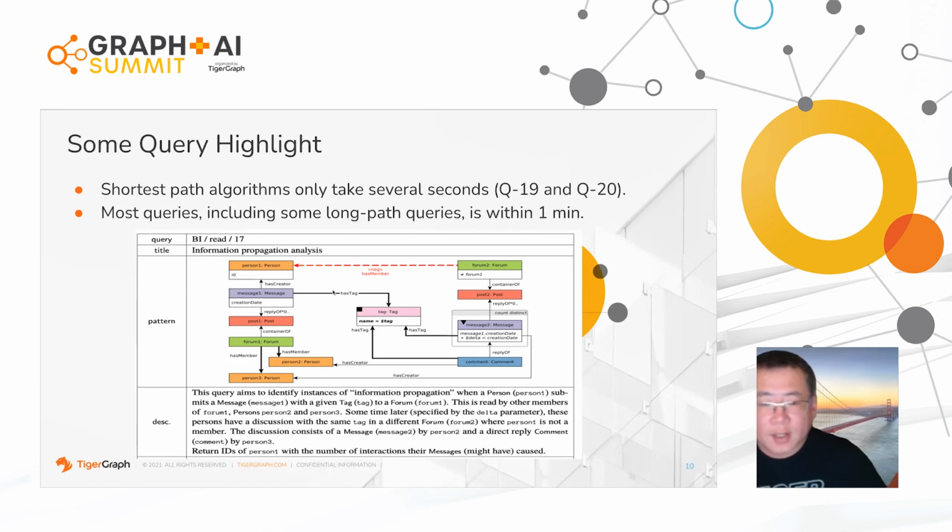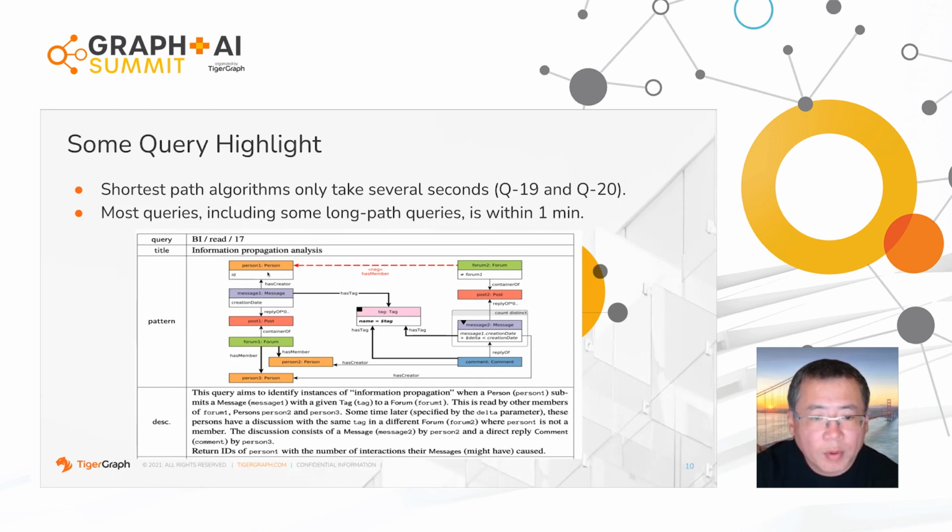To give you a flavor of how complex a query could be, here is the BI 17 pattern. This query is titled Information Propagation Analysis.